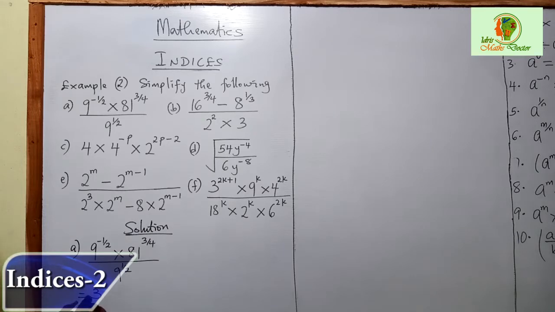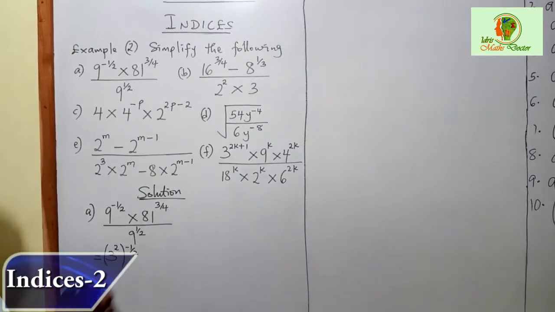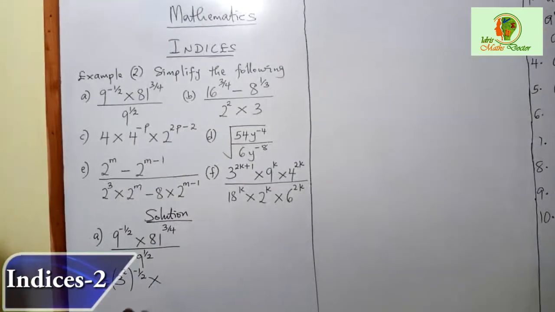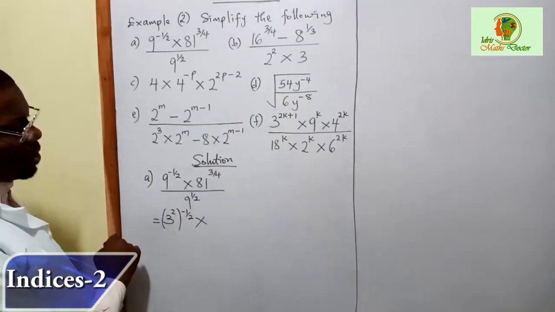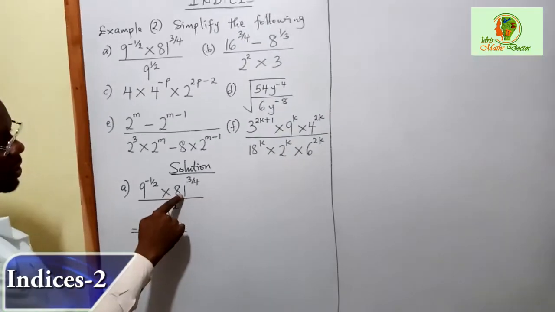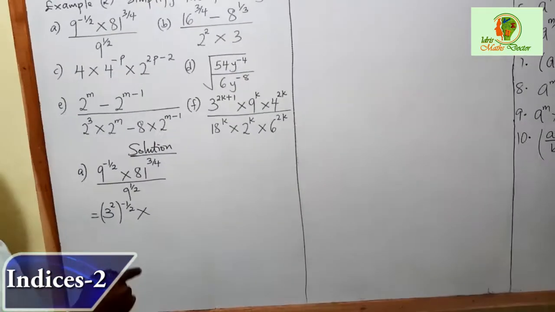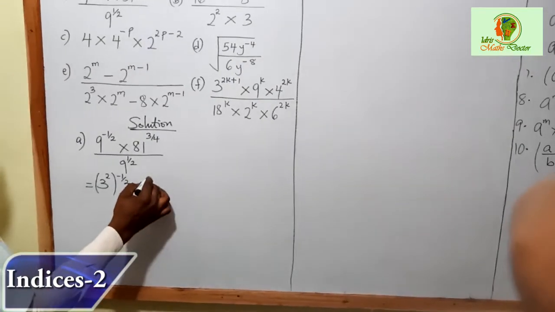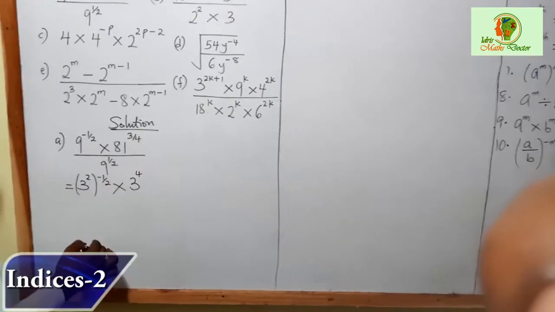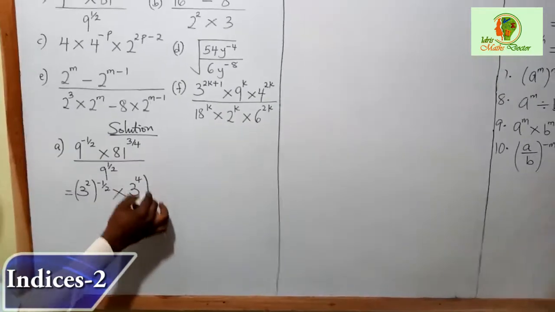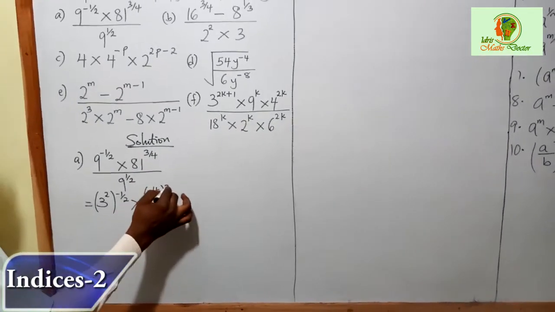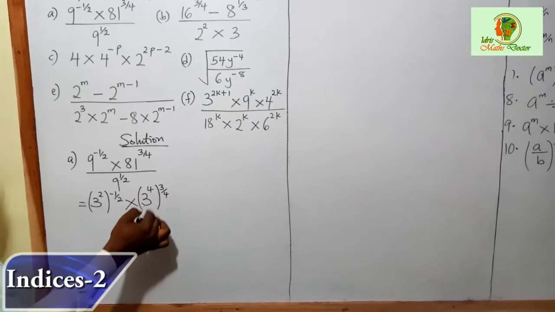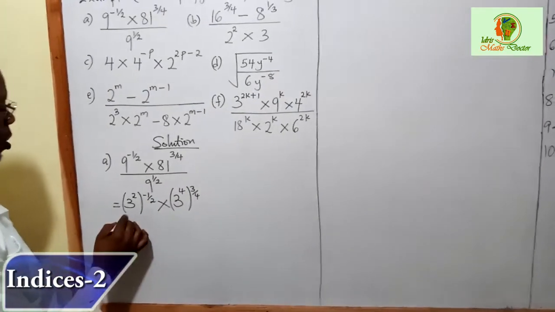So 3 times 3, in bracket, minus 1 over 2, times, similarly, this 4 is telling us that this 81 can be written in index form and the power is going to be 4. So we have 3 raised to power 4, that is 81. Again, introduce a bracket to differentiate the 81 from the power, all over.